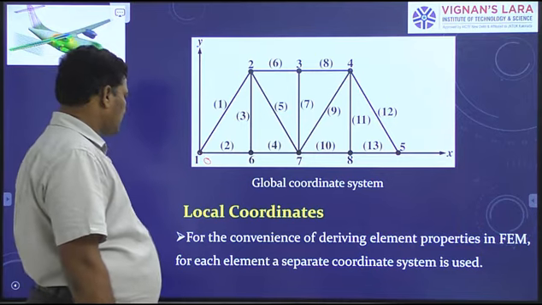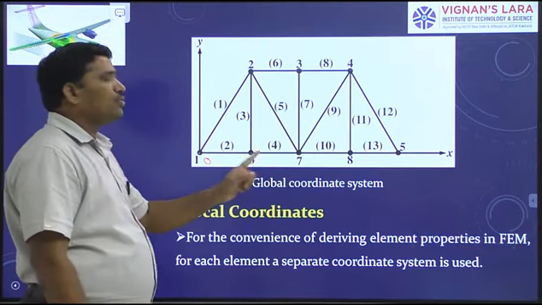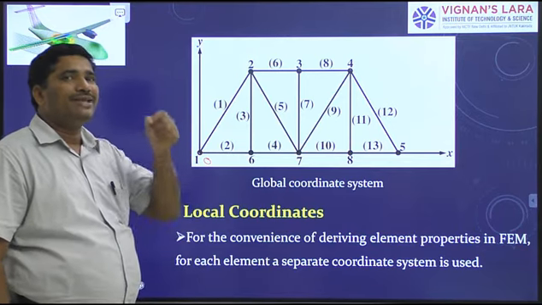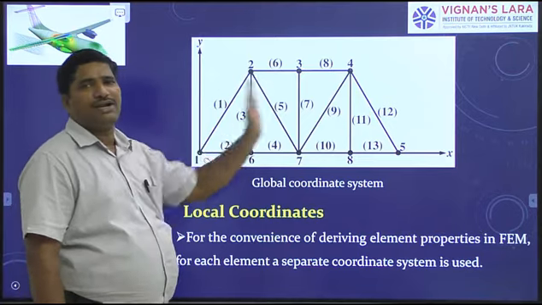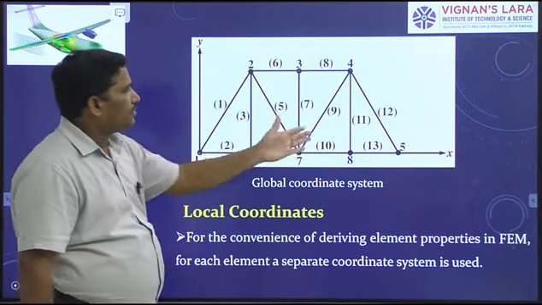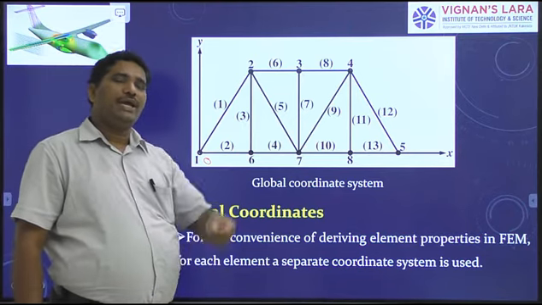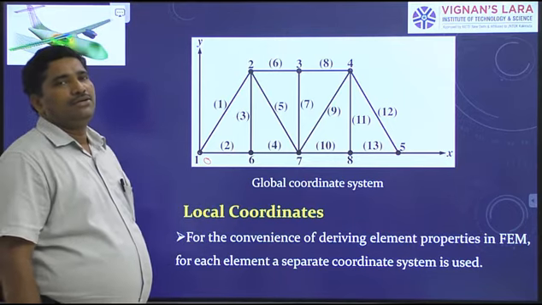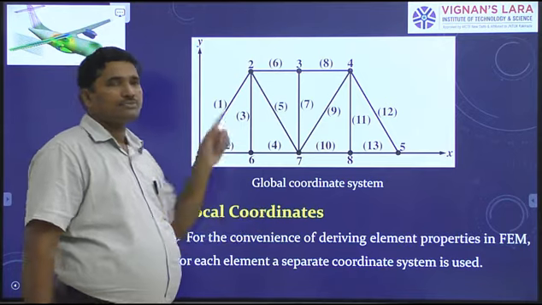Right? Now, local coordinates. Local coordinates are used to specify a point on an element in the structure. The structure consists of several elements. Here we have 12 elements. If you want to specify a point on an element of the structure, you have to use local coordinates.